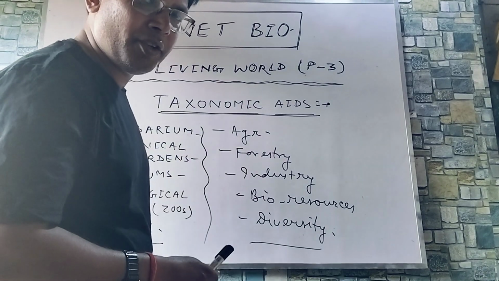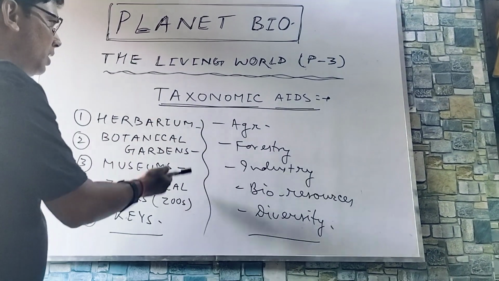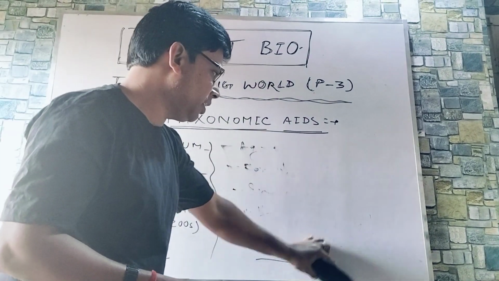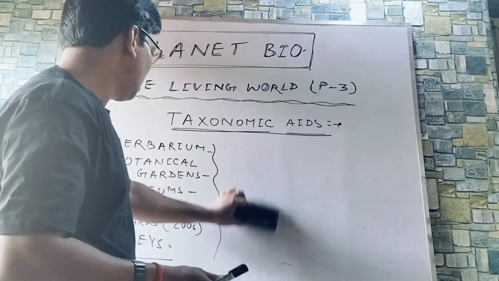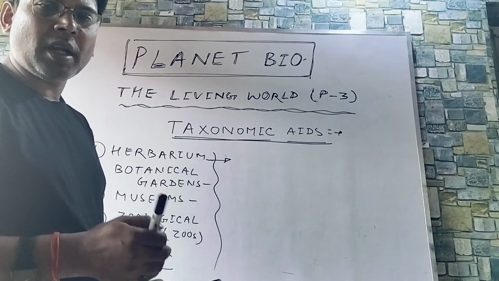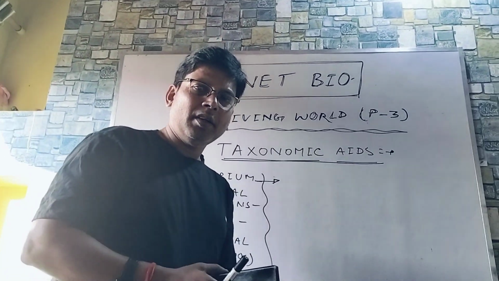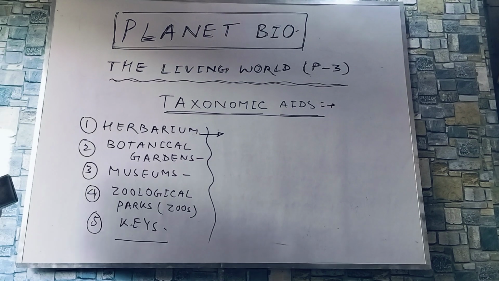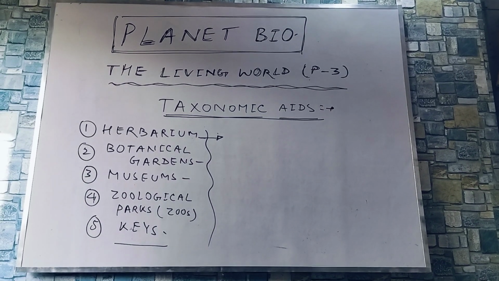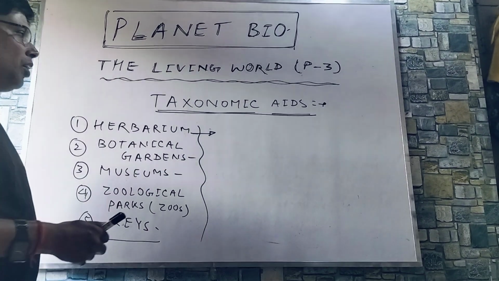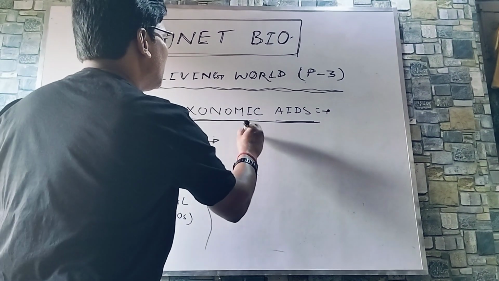Now, boys and girls, we need to know all these taxonomic aids in detail. Each and every one will be dealt with in detail. First one is herbarium. What happens in herbarium? You have to note down that herbarium is a storehouse of collected plant specimens that are dried, pressed, and preserved on sheets. And the details are mentioned there.